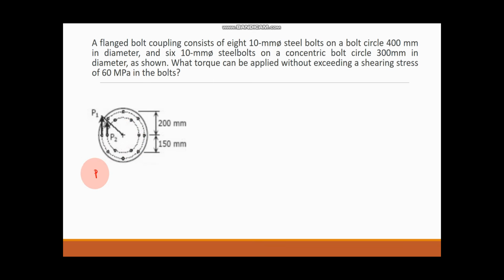So P1 is equal to the shear multiplied by the area 1. So our shear is 60 megapascal, and then the area 1, or the area of the bolt at the outer bolt circle, is pi all over 4.